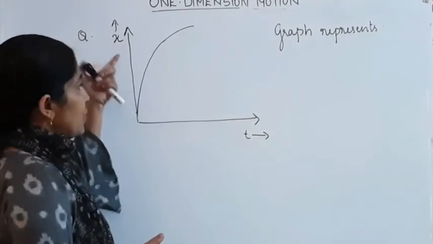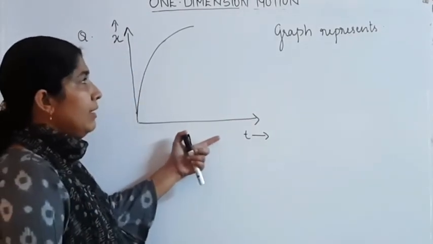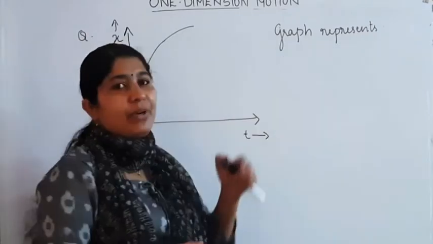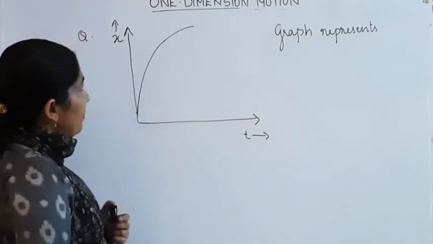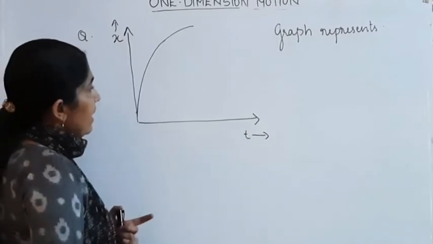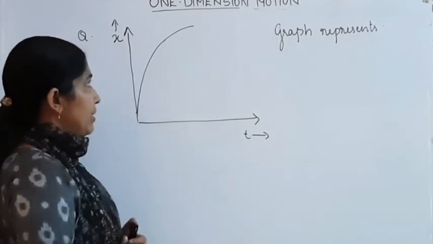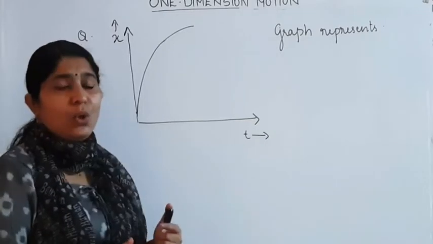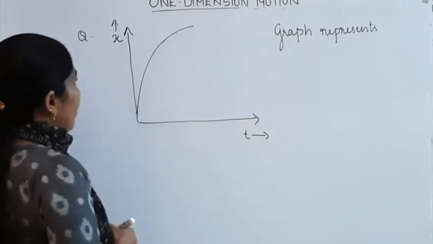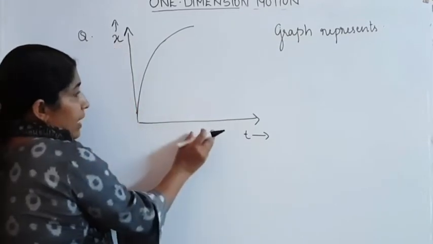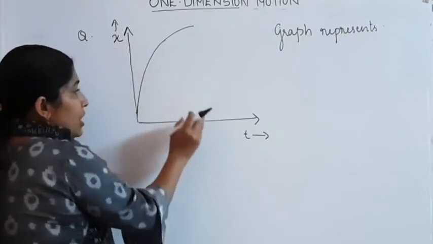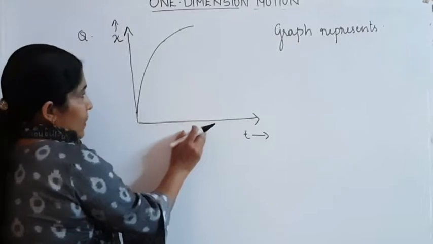Okay, our next question. Here a position time graph is given. Our question is what the graph represents. The graph represents a retarded motion. Why is it so? We know that the slope of position time graph gives velocity.